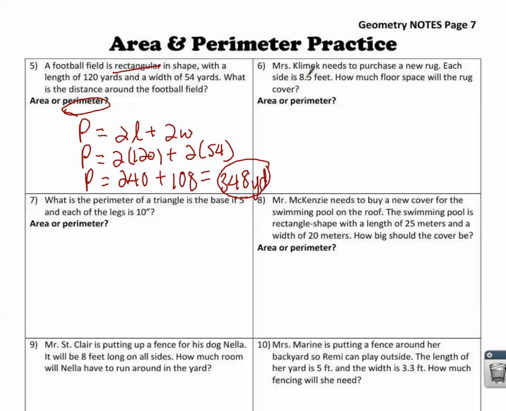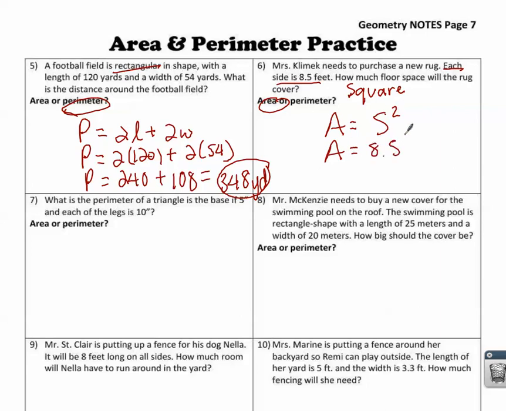In example 6, Mr. Kimlack needs to purchase a new rug. Each side is 8.5 feet. Since it says each side is 8.5 feet, you know you're dealing with a square. How much floor space will the rug cover? Cover is going to be area. So the formula for a square is side squared.